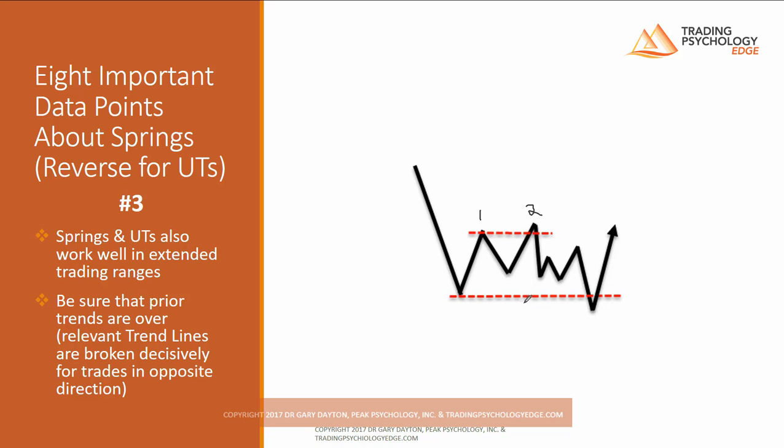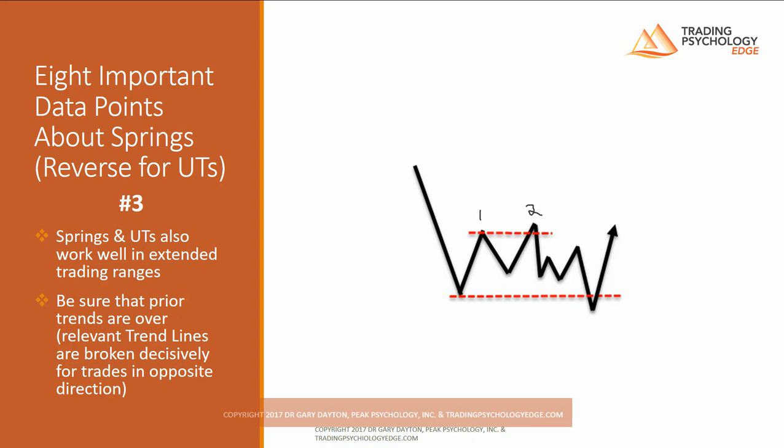Don't do that with a spring. Springs in a downtrend generally are not a good idea unless you're in an extended trading range. So you've gone for a while, right? And the spring sets up in a trading range in a downtrend, and you've got a trading range, make sure that the downtrend line has broken.